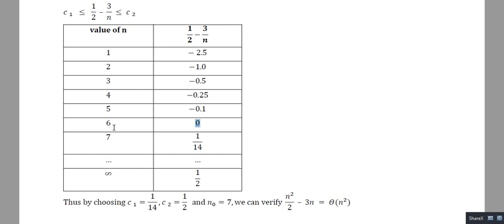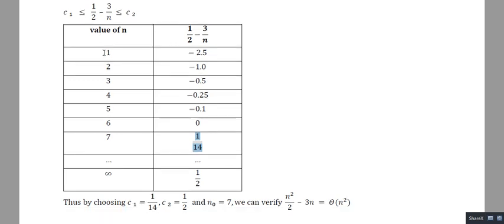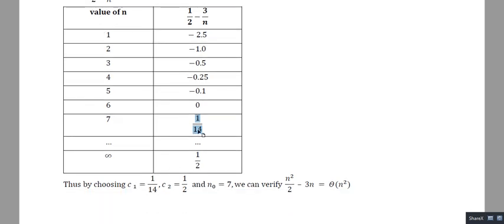Now for n equal to 7, it will be 1 by 2 minus 3 by 7, and the value is 1 by 14, right? So this is the starting point, we can say. So the value of C1 is 1 by 14, and if we keep on increasing the value of n, the final value of n we can assume to be infinite.